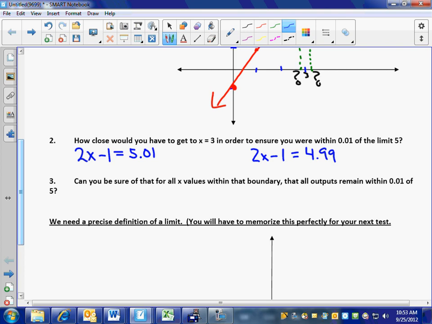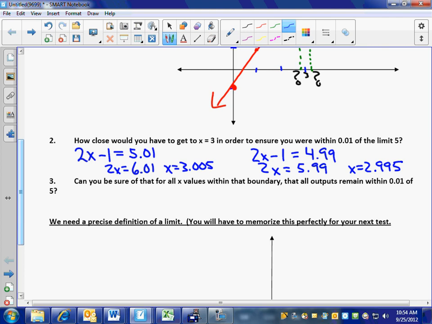If we just add 1 to both sides, we get 2x is equal to 6.01, and we get 2x is equal to 5.99. What should I then do? I should divide both sides by 2. So x would be equal to 3.005, or in this case, x would be equal to 2.995.